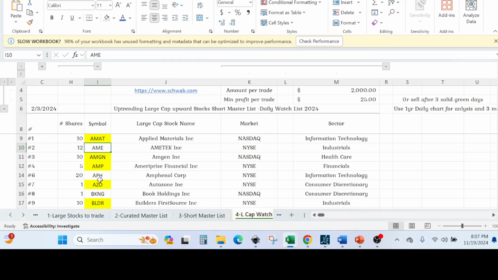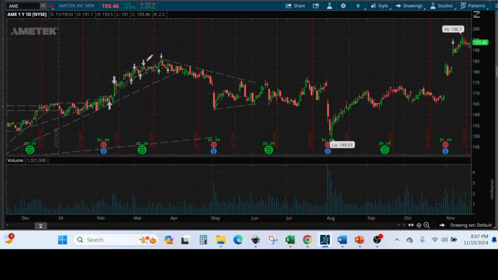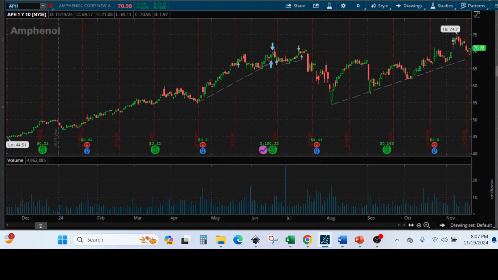So the next one is APH. APH has the first green bar today as well. You can see the uptrend. We trade on the uptrend line. We buy and sell on one side of the swing whenever possible.